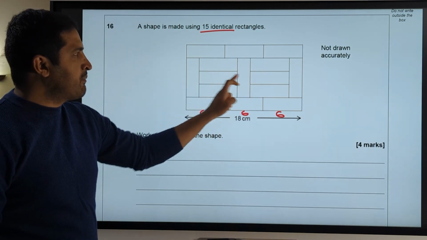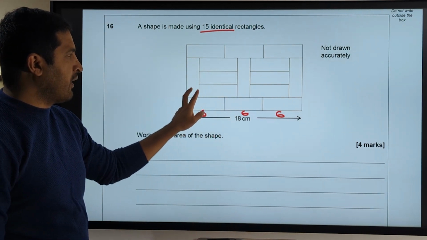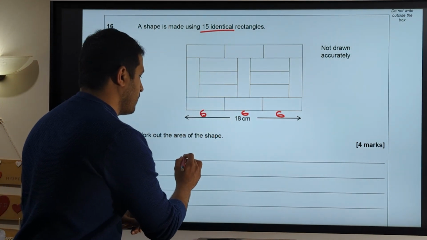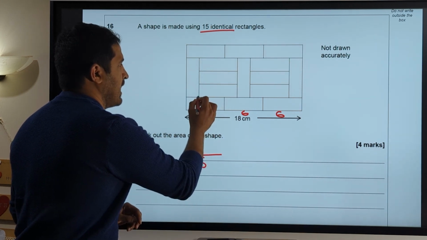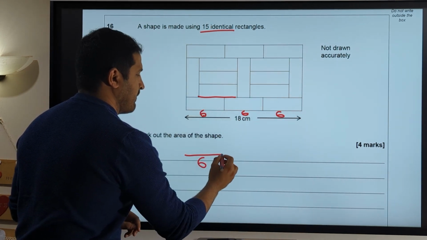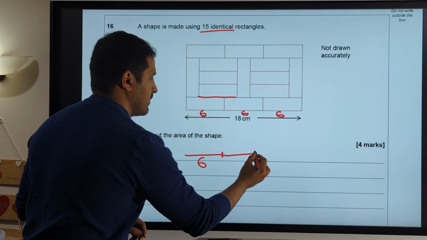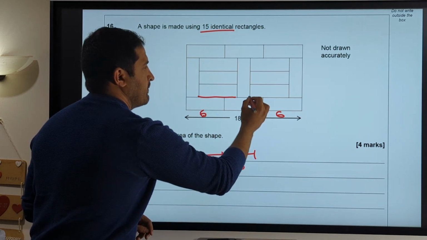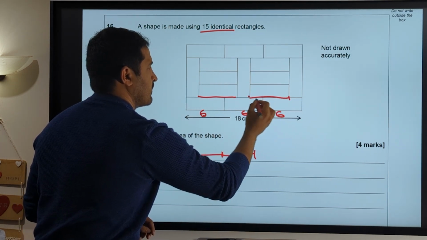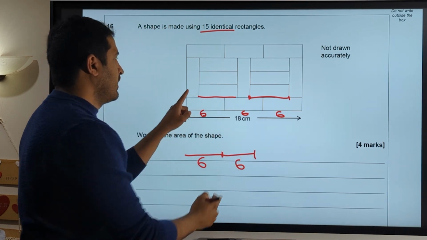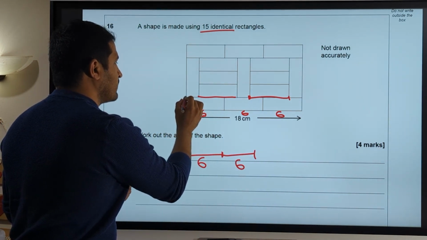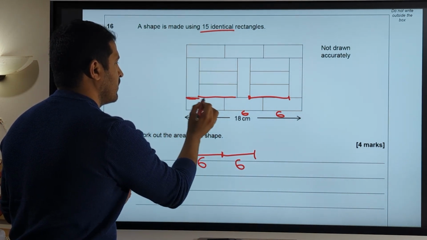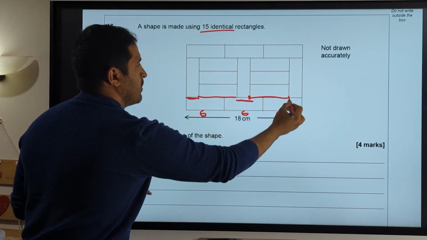So you can look at this middle part. That helps you work it out. The middle part is made up of one 6, and another 6 if I put it next to it. And then we've got 3 of these small things, 1, 2, and 3.